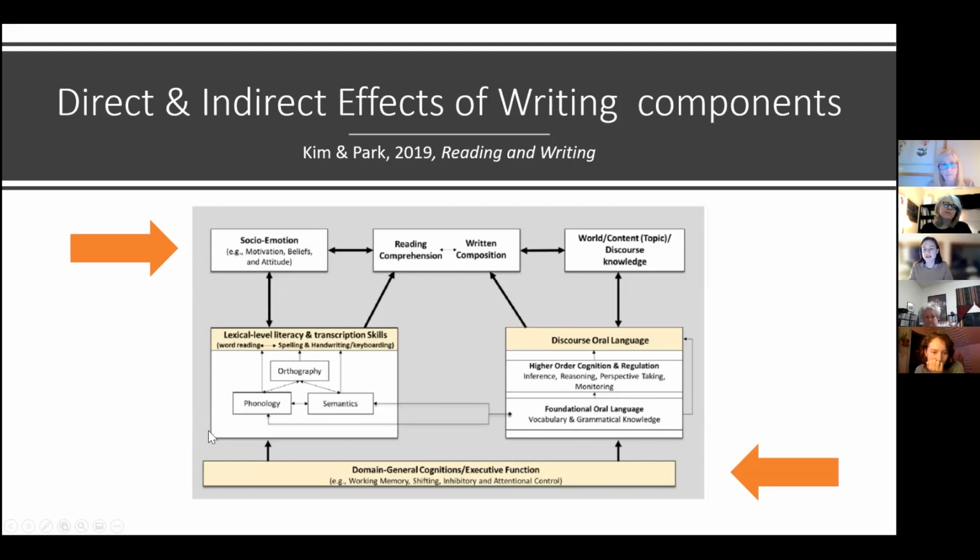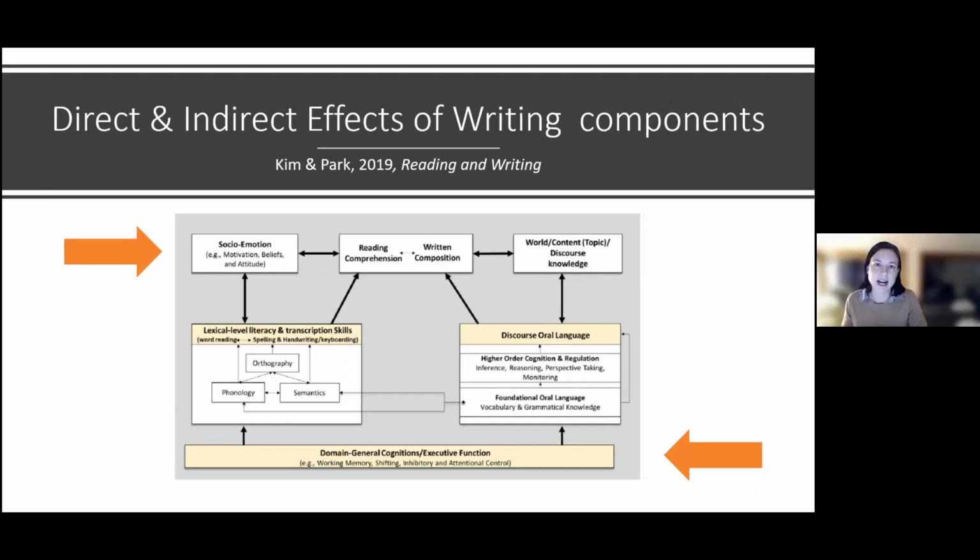We talked about these domain general, meaning not specific to writing, executive functions and cognitions that we need to support all of our writing skills and to help organize all of our writing skills to create this bigger full picture of what we're trying to compose in our writing.